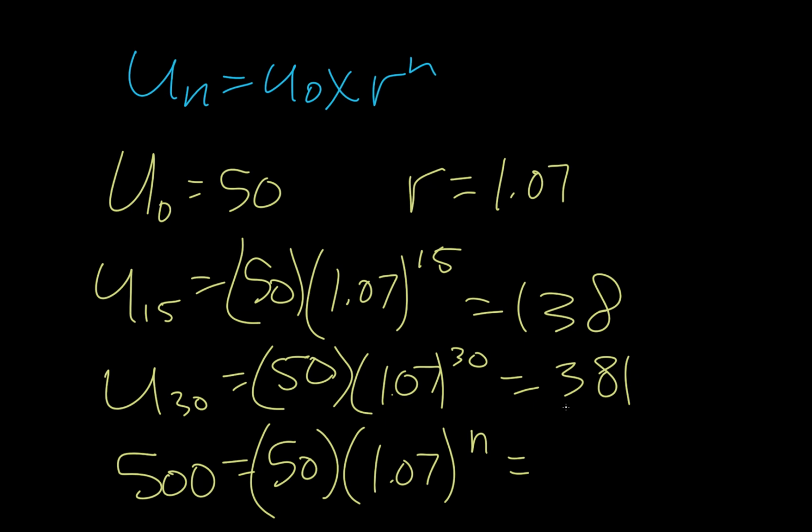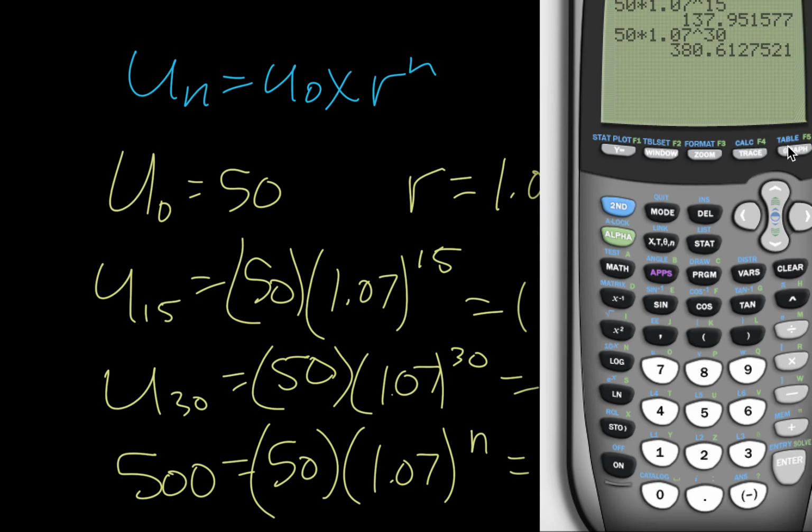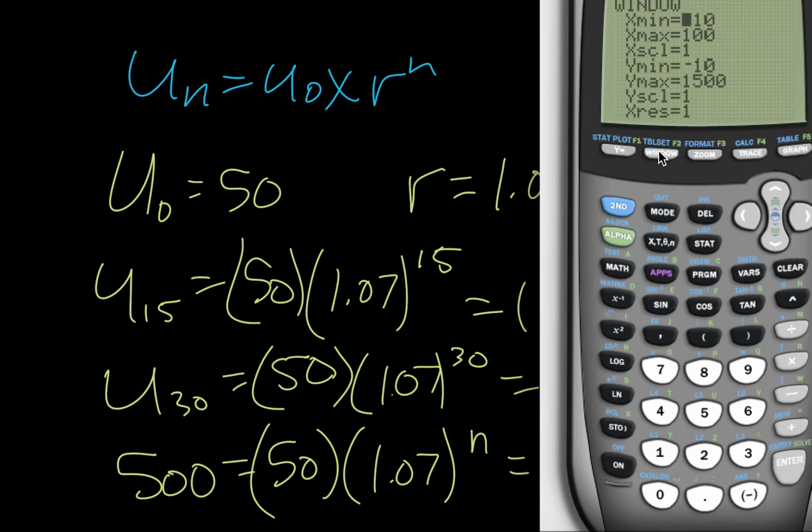Okay, so we're going to go, once again, we haven't learned how to do this algebraically yet, and so we are going to graph it to find the answer. So we have 500, we have 50 times 1.07 raised to the x, and I already know my window is going to be bad, so come down here.